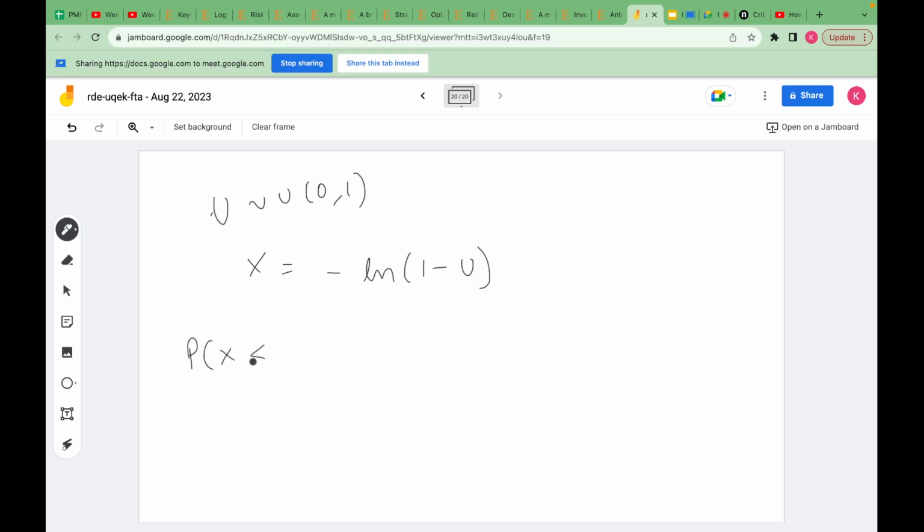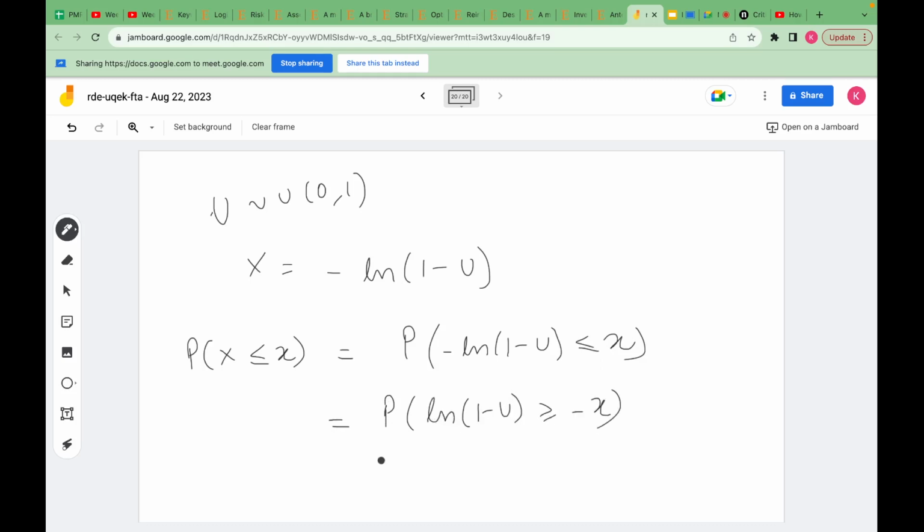Now the probability that x is less than or equal to small x, where we write x as minus ln(1 minus u) is less than or equal to x. This is nothing but ln(1 minus u) greater than or equal to minus x. Probability that 1 minus u is greater than or equal to e to the power minus x.